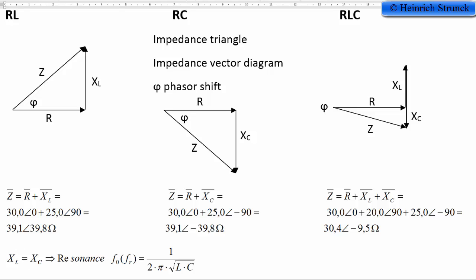So if XL is equal to XC, so that the reactances have the same length, we have resonance because the impedance will then be the same as the resistance. Up here we can just increase the frequency, so XL will be longer and XC will be shorter, and at a given frequency we have resonance, and we can calculate this frequency by this formula.